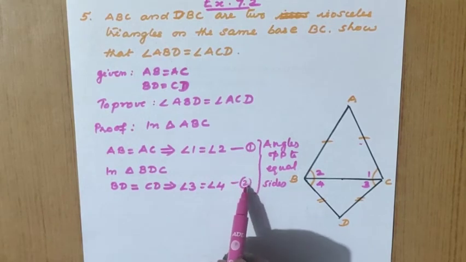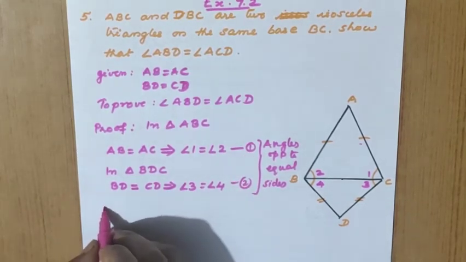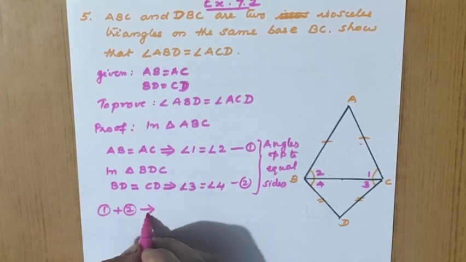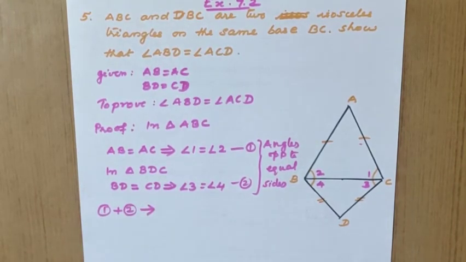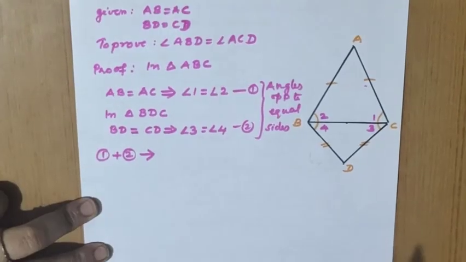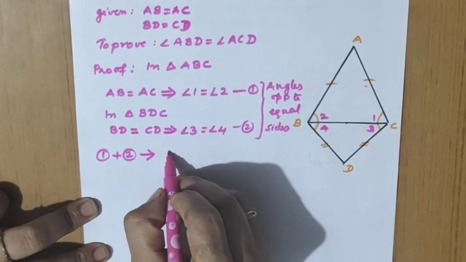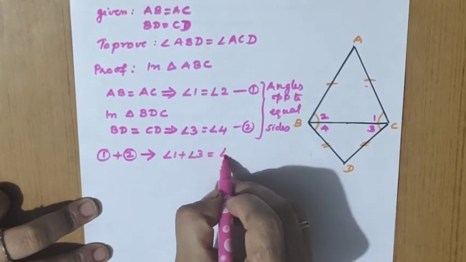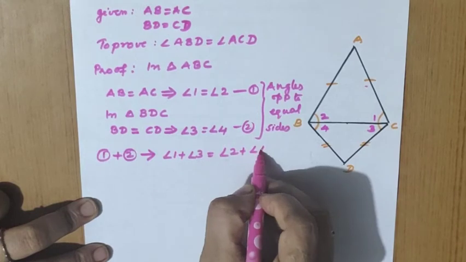Now equation 1 and equation 2 I am adding. 1 plus 2 gives, that means we are adding the equations. We'll get angle 1 plus angle 3 equal to angle 2 plus angle 4, right?